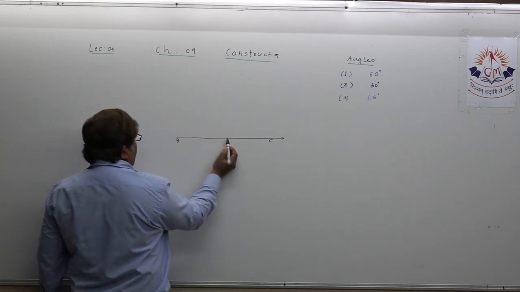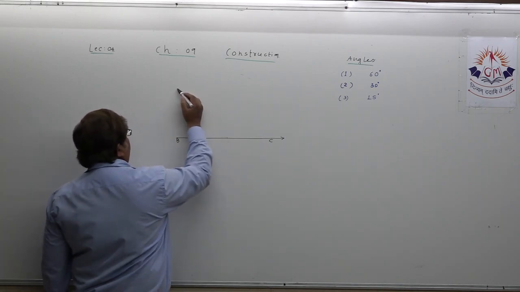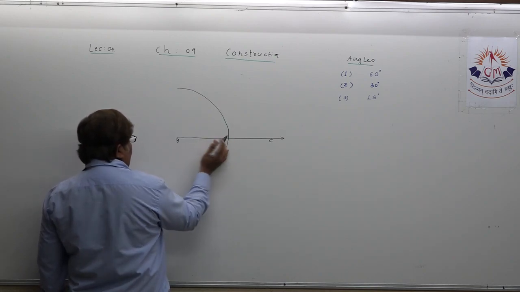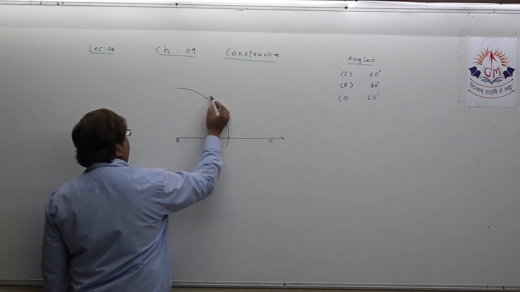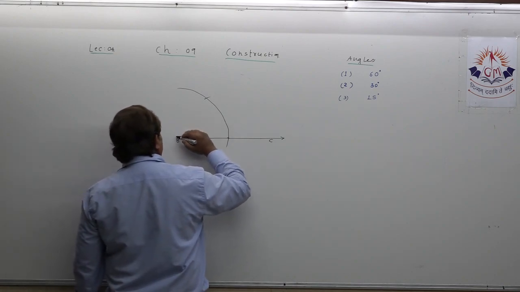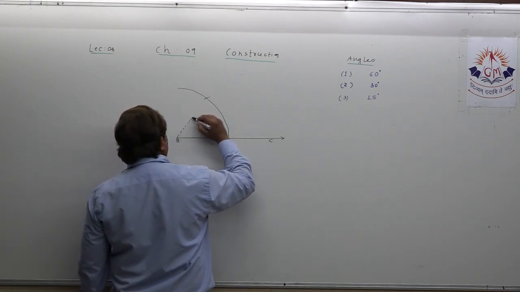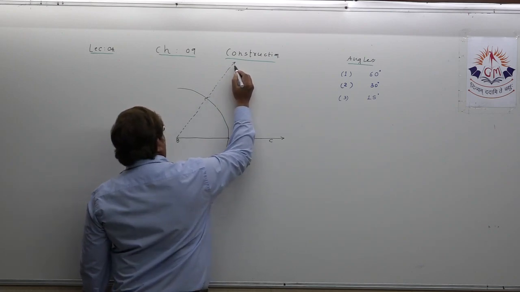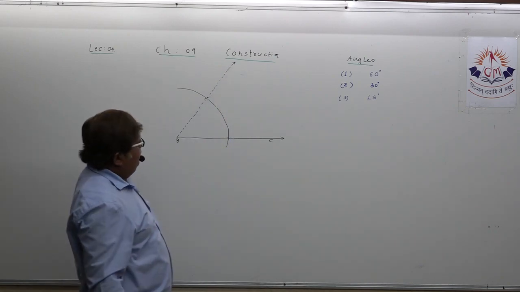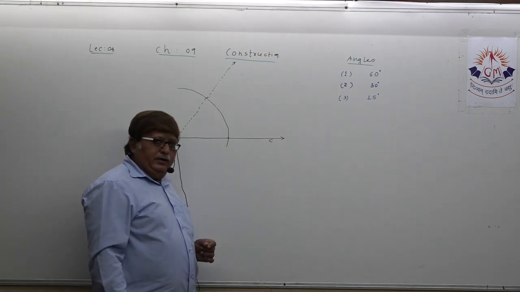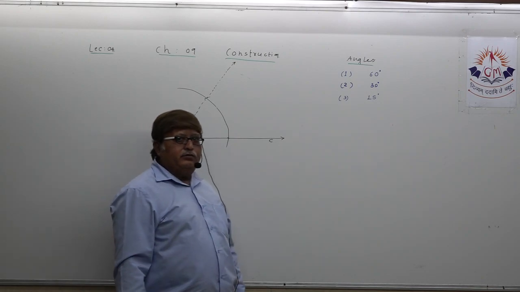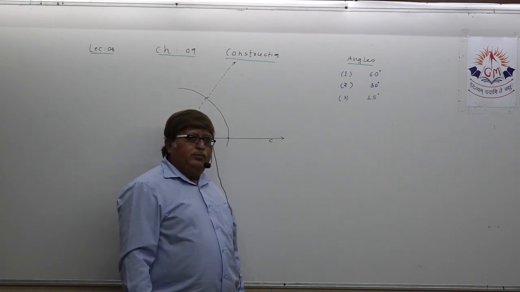Taking some appropriate radius and arc, keeping the same radius from here, cut it and draw a dotted line, which is demonstrating an angle of 60 degrees. But our target is not the angle of 60 degrees. Our target is to get an angle of 15 degrees.